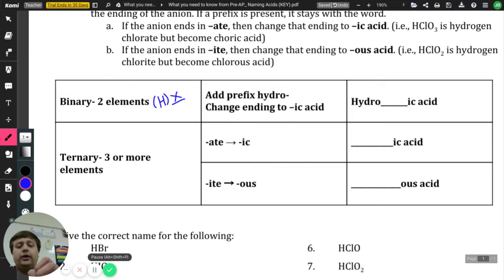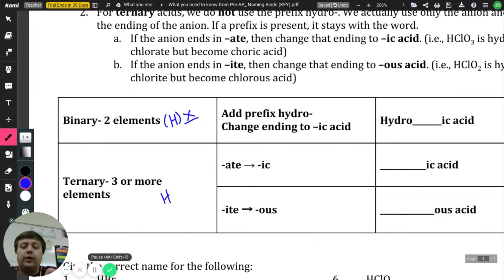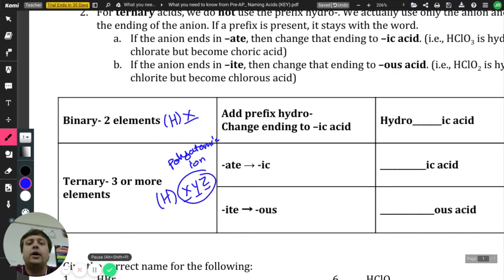If it's ternary, one of those elements has to be hydrogen, and then we've got multiple elements attached to that. This is basically a polyatomic ion. So you're looking for a hydrogen attached to a polyatomic ion, and when you see that, you have a ternary acid. So what do I do with this? How do I use this?